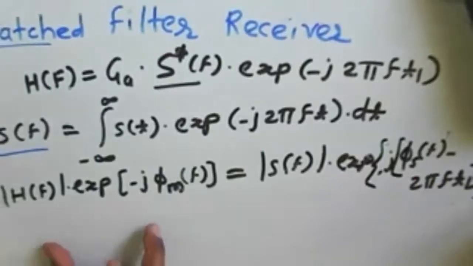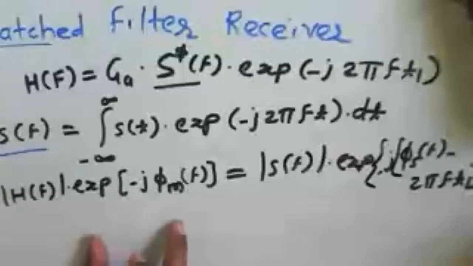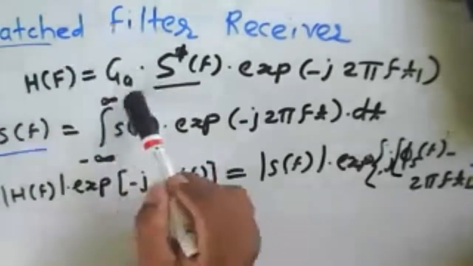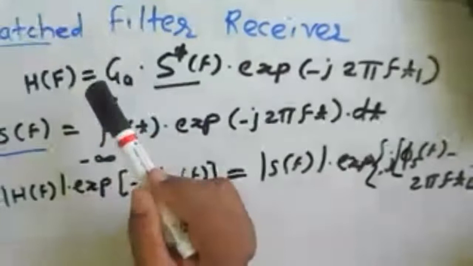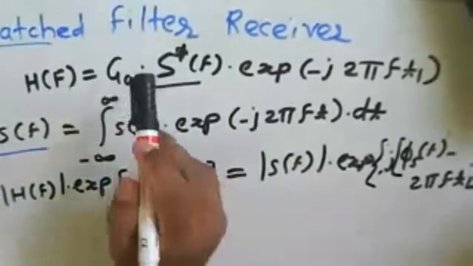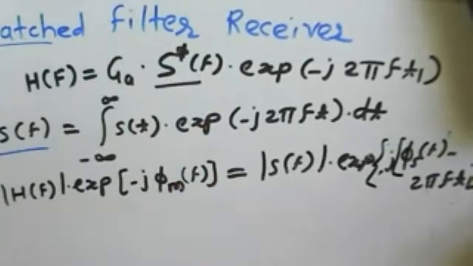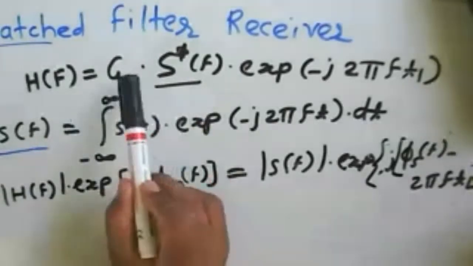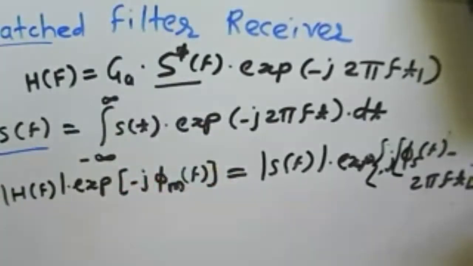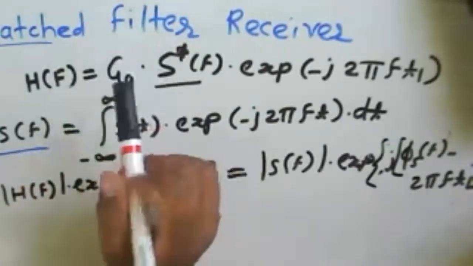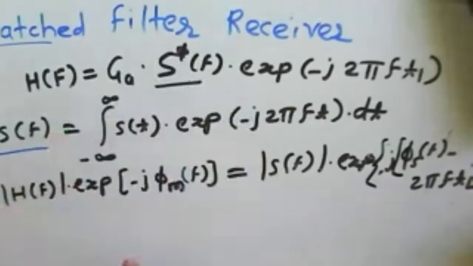So we have H of f here, which is a frequency response function, and we are ignoring the gain of the matched filter. We have considered the gain earlier in that expression. Now we are writing in terms of amplitude, so in that case the gain will be a constant, which is why we are ignoring this particular one.